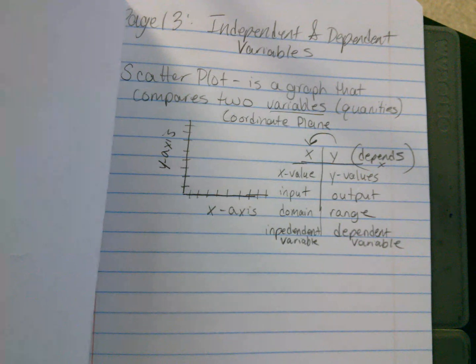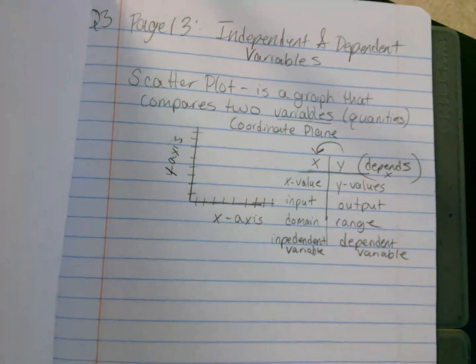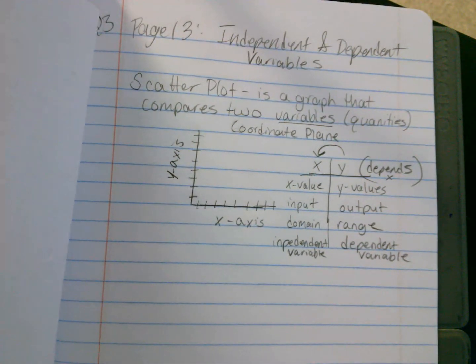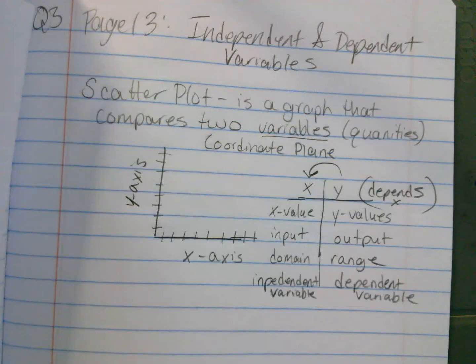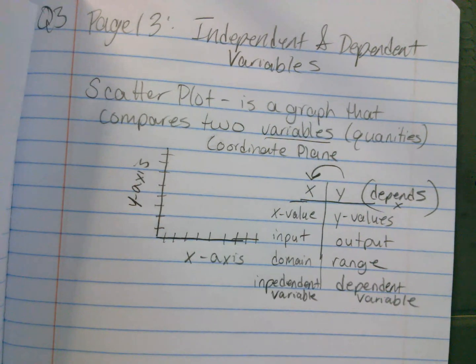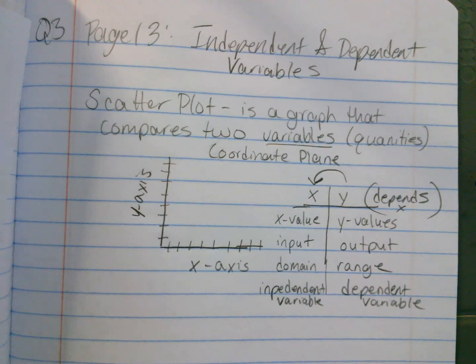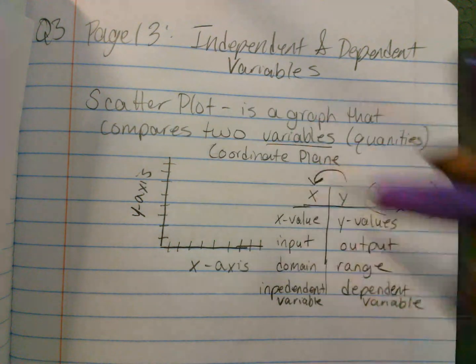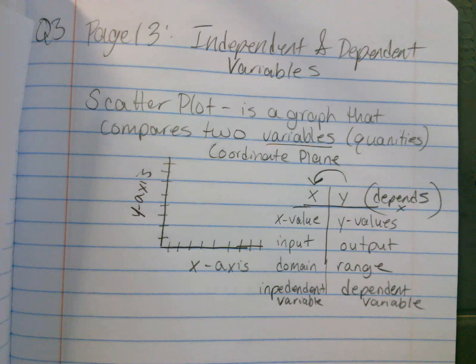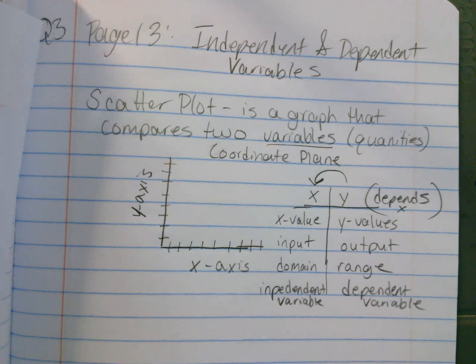I'm going to pause for the calls to give you a chance to write, and then we're going to do some independent, dependent examples. Some common mistakes that we make when we're creating a scatter plot is to connect points. Please don't connect the points of a scatter plot. We're going to be creating lines of best fit later, but you never really connect all of the points together.